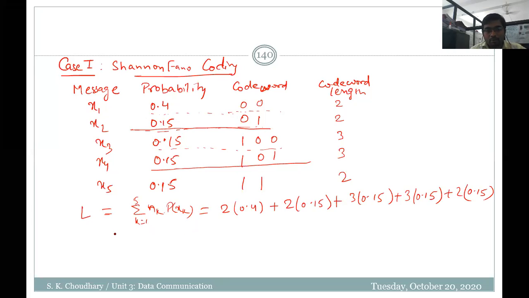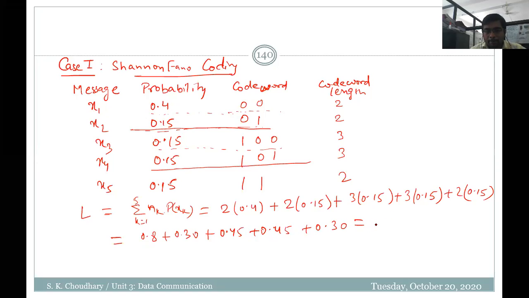When you calculate this: 0.8, then 0.30, then 0.45, 0.45, then 0.30. You can easily calculate this.